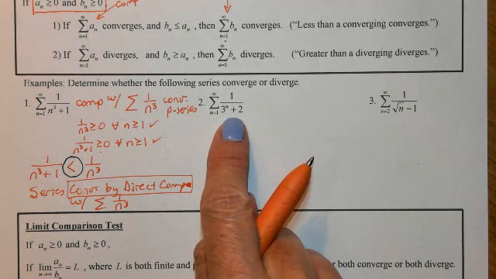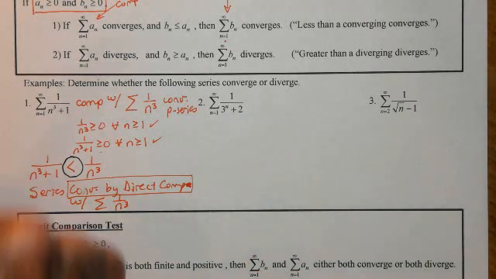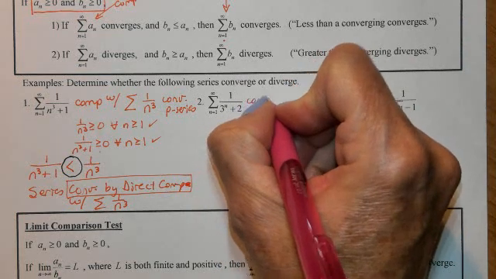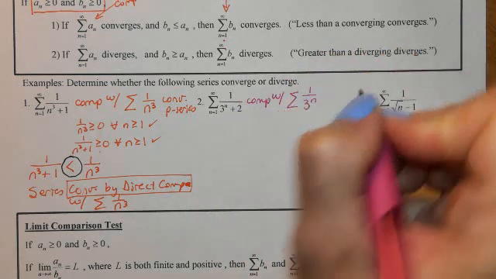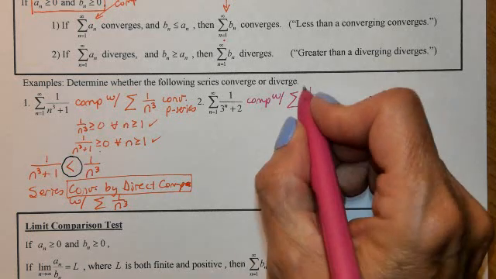All right, next example. What does this one behave like? Well, we're going to compare with 1 over 3 to the n. 1 over 3 to the n. All right, so what does this do?